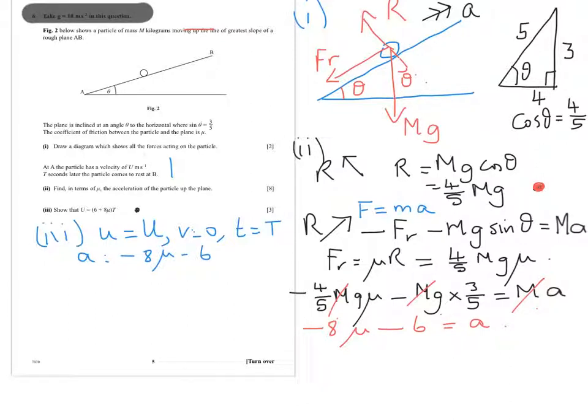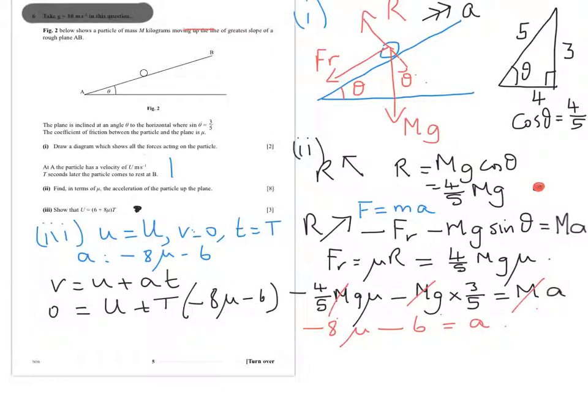So if we use then v equals u plus at, we're not asked to work out anything, we're just asked to show this relationship between U and mu and T. So subbing these 4 things in, we'll get v, which is 0, is U plus T times (minus 8 mu minus 6).